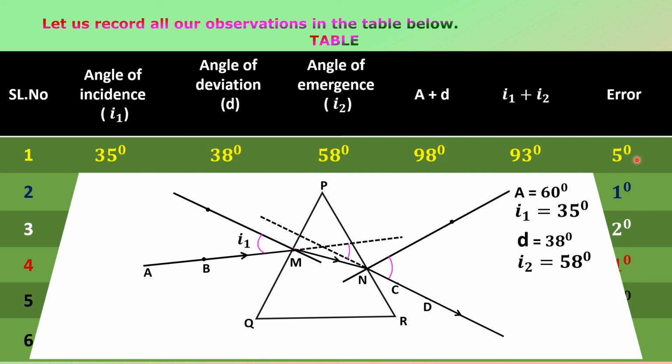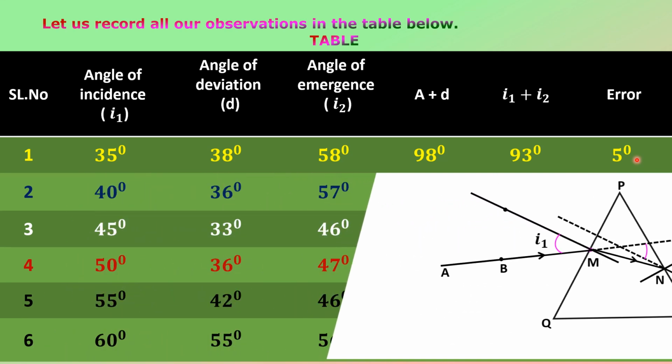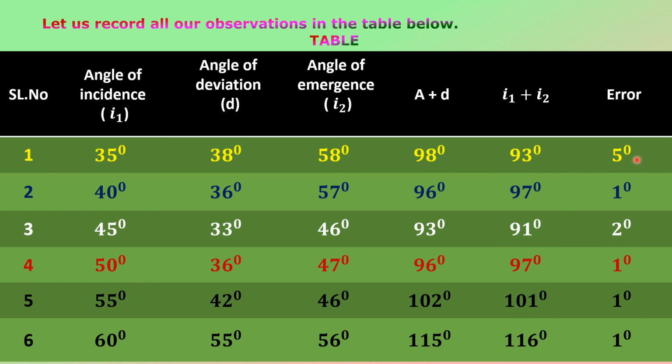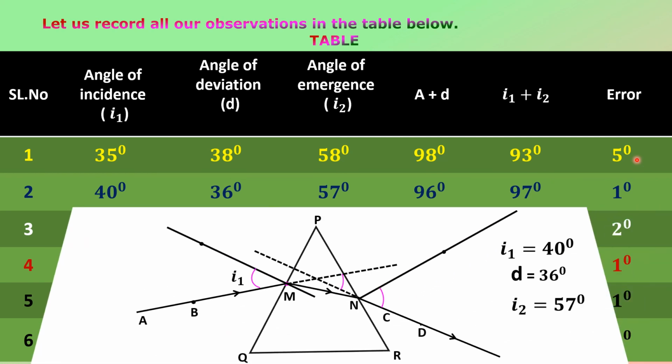Okay. Now let us take the second sheet. In this case, we have taken the angle of incidence as 40 degrees, and we got the angle of deviation as 36 degrees.